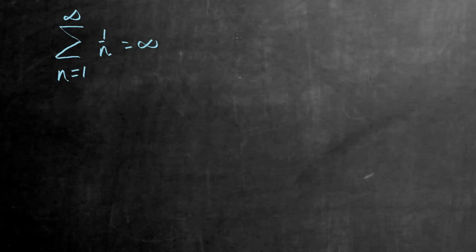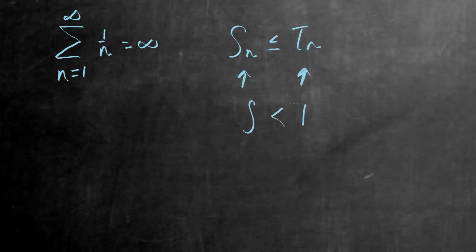I think by definition, if it says s of n is less than or equal to t of n, and we're adding up infinite s's and infinite t's, then infinite s's should be slightly smaller than infinite t's. Which kind of makes sense in my mind.